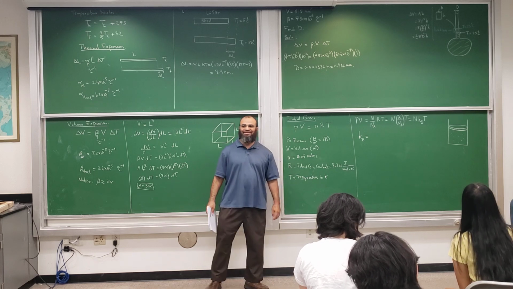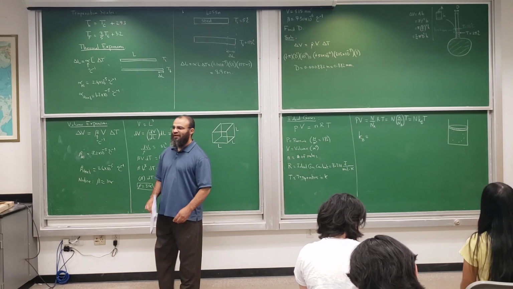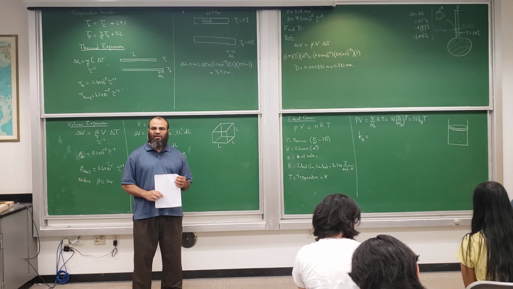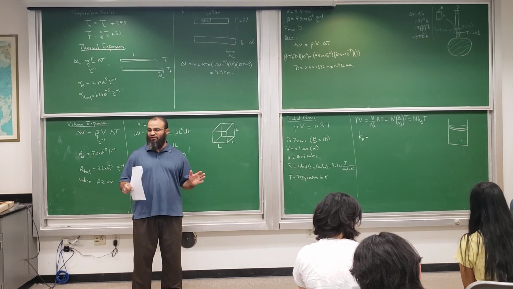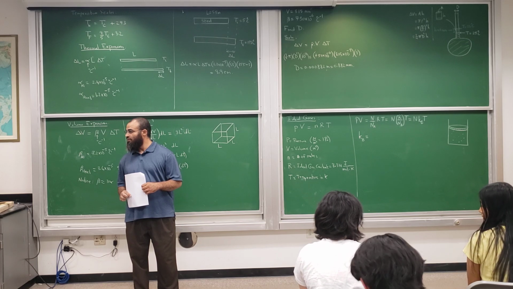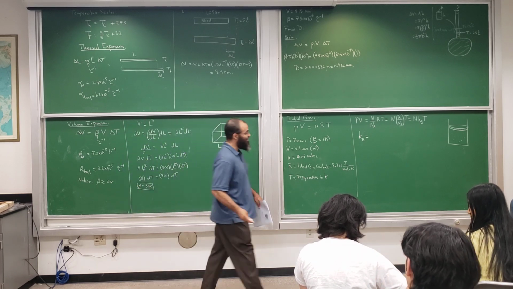I'll wait. 8.314 divided by 6.022 times 10 to the 23, all in the denominator. Yeah. That's good. Yeah, it is.